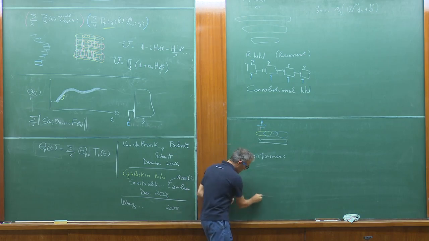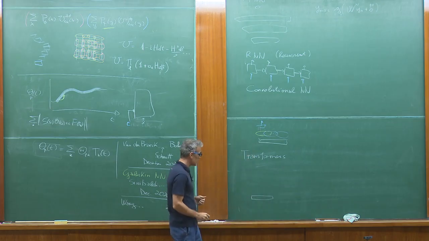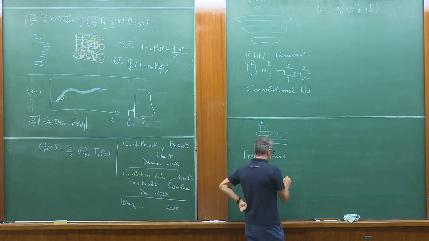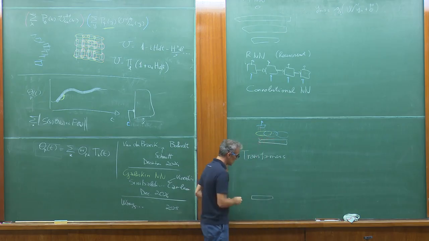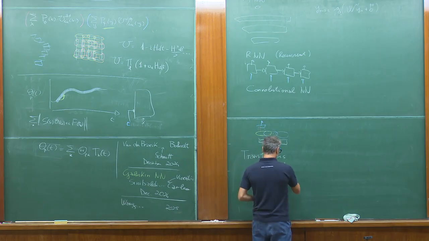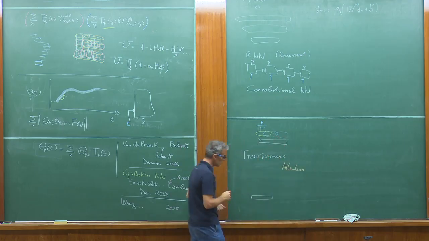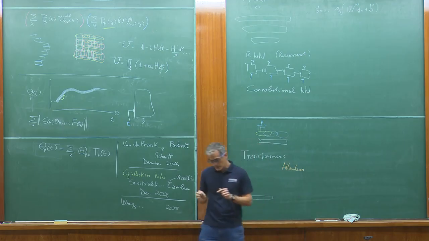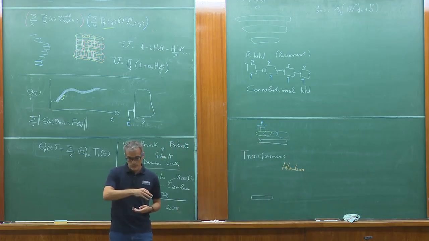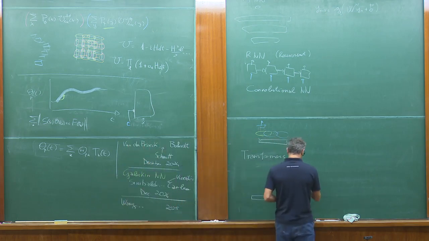Okay, so you have an input, and from this you build something that's called attention. And to build the attention, basically it's something that looks at the whole system, and uses three elements.